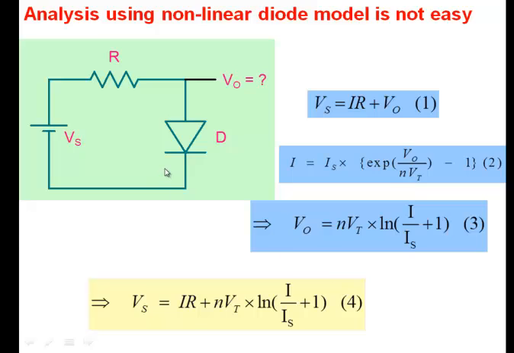The exponential diode model is more suitable for simulations. If I have a simulator, there I can use the exponential diode model very easily because I'm doing numerical analysis using a computer. While if I have to do hand analysis, then the exponential diode model is not that convenient, and we need a simplified diode model here.